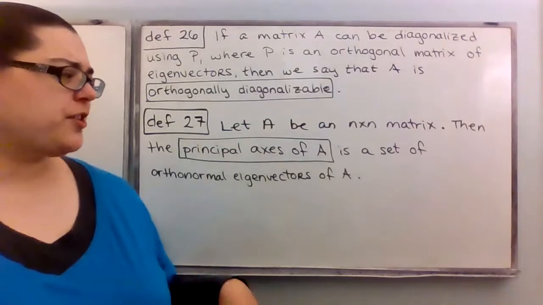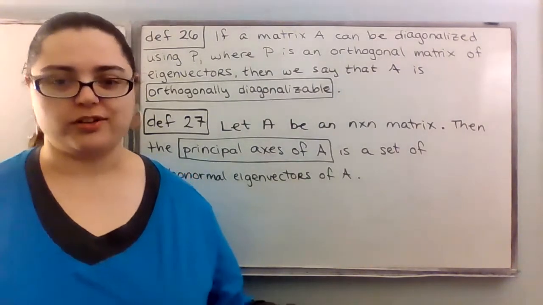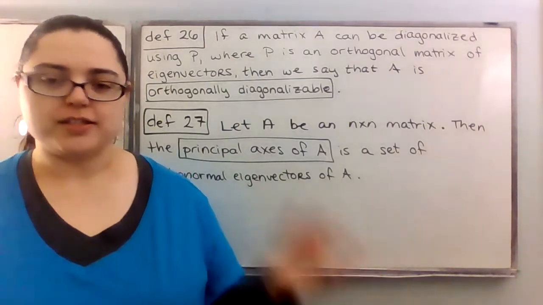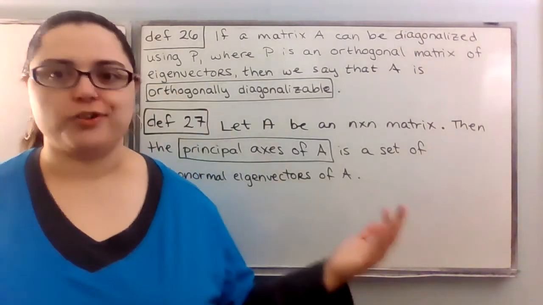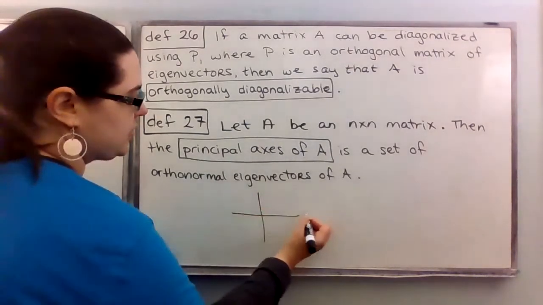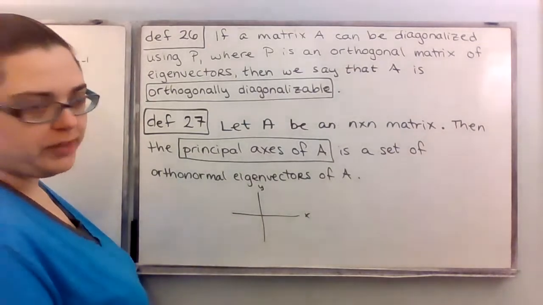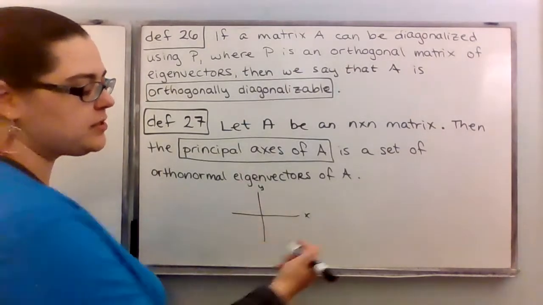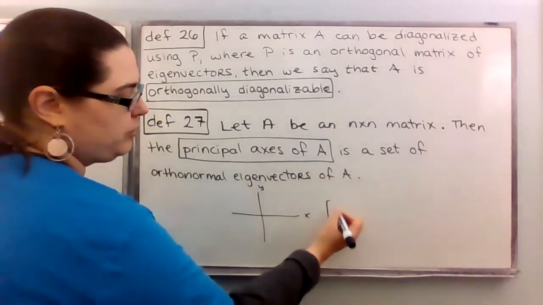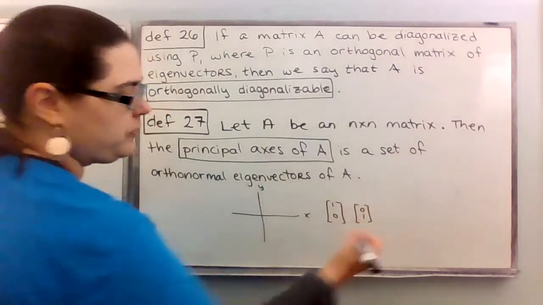So in other words, think about when you go to draw the standard set of axes for R2. You have your x-axis and your y-axis. If I think about our standard basis for that space, our first vector would be 1, 0, and then we would have 0, 1.